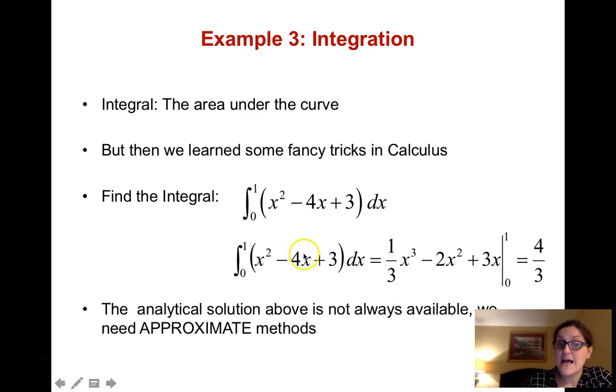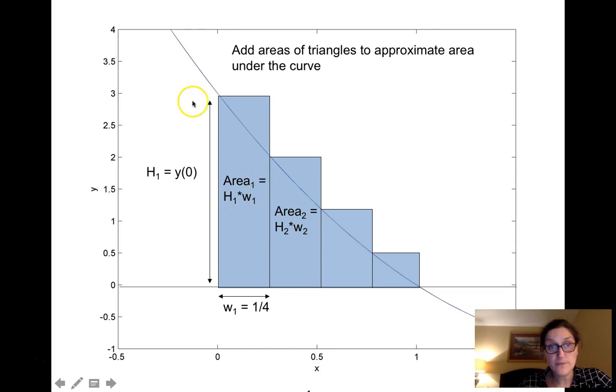So this is again an analytical solution. However, sometimes I don't have a formula available, or this could be a rather complicated function, and I need approximate methods. In this case, for integration, we again imagine plotting a curve, and I will divide the interval between 0 and 1 into a number of subintervals.